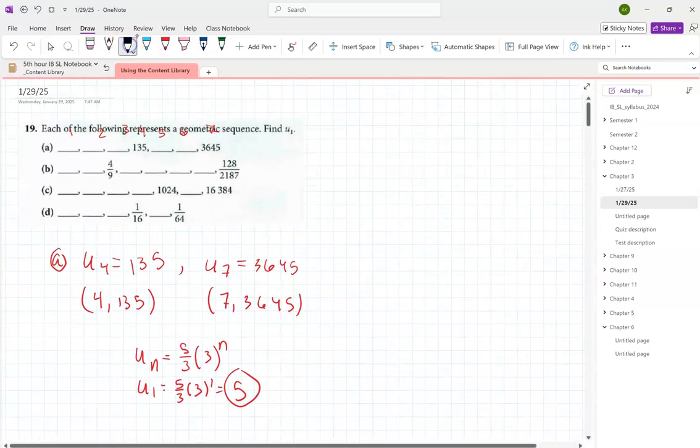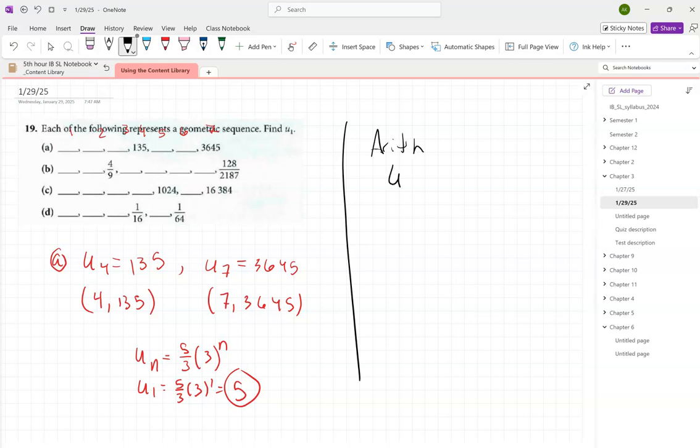All right. So we're told arithmetic. Let's say that U5 is 11 and U25 is 27. And we want to find like U201 or something.